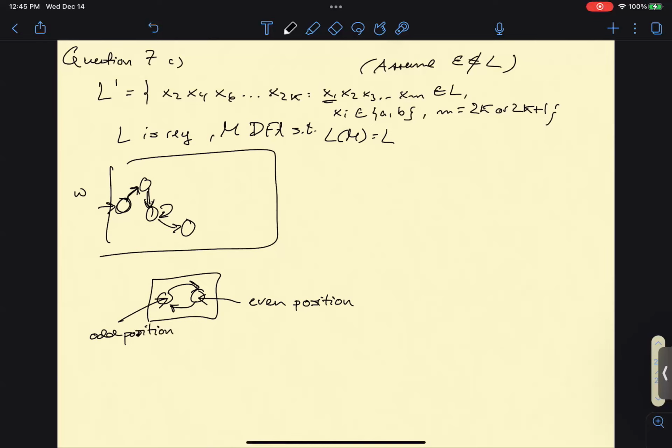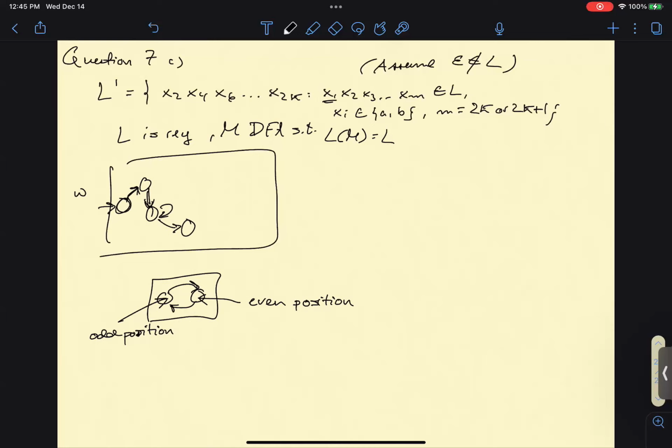This is a bit more fleshed out and kind of what I'm doing. The idea here is you want to keep track of which of the letters in your original string are at the even position and which are at the odd position. This is one way of doing it, a sort of secondary machine.